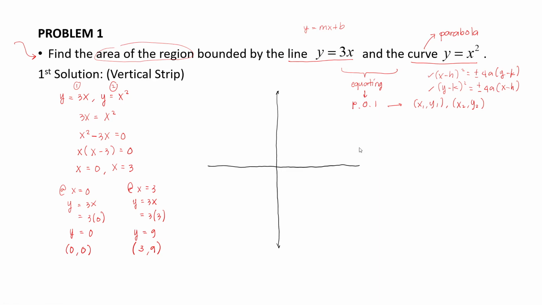The first point is at 0, 0 and the other is at 3, 9.